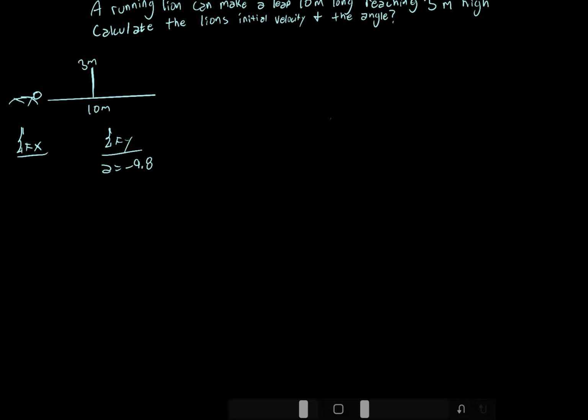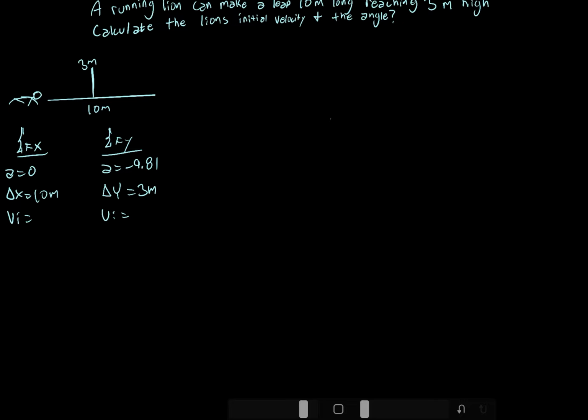So negative acceleration with gravity. There's no acceleration acting in the x. We do have displacement. Displacement is 10, given in the question, in the x, and displacement in the y is 3 meters. Our initial velocity is what we're trying to solve.